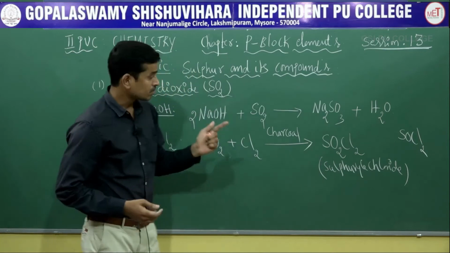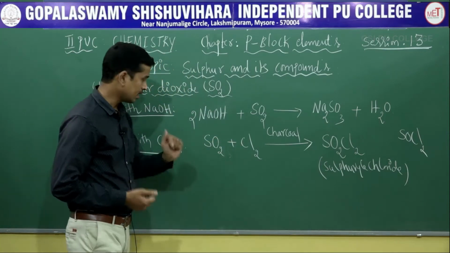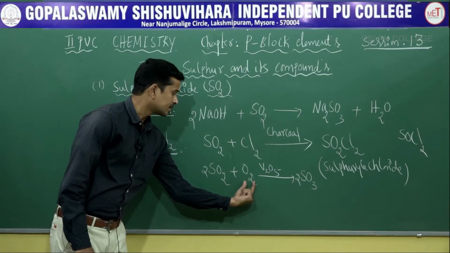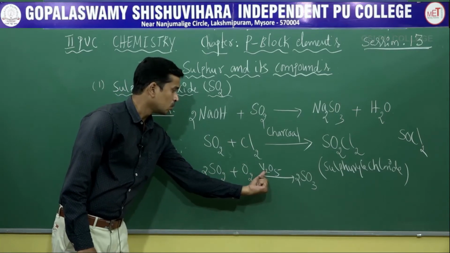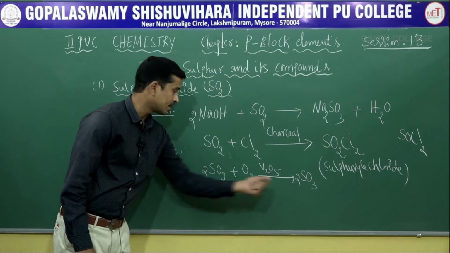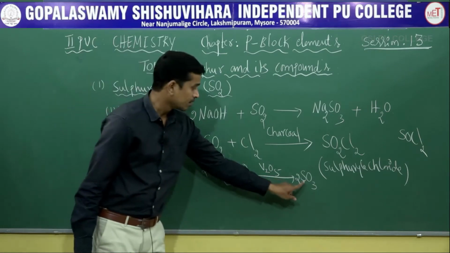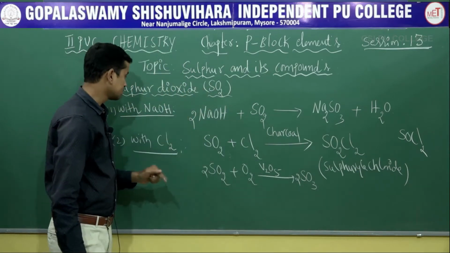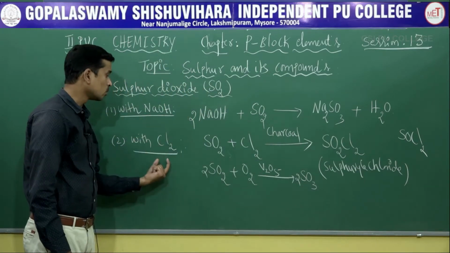SO2Cl2 is called sulfuryl chloride. Also sulfur dioxide undergoes an addition reaction with oxygen in the presence of V2O5, vanadium pentoxide, as a catalyst to give sulfur trioxide. These are the reactions with sodium hydroxide and chlorine.